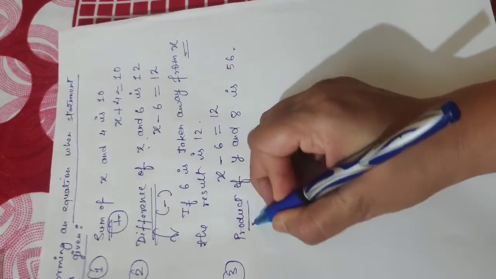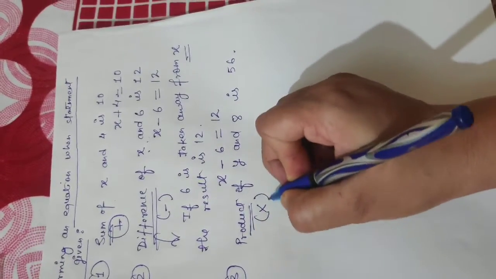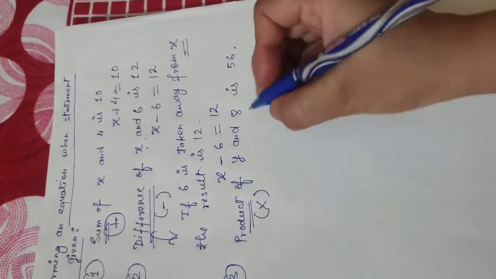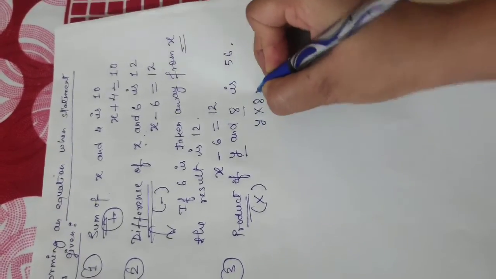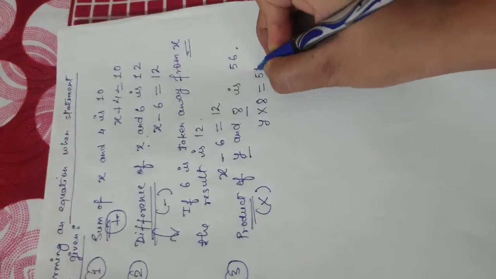Clearly, what sign do we have to use? We have to use the sign of multiplication, and in between y and 8 we will put the sign of multiplication, and this is equals to 56.